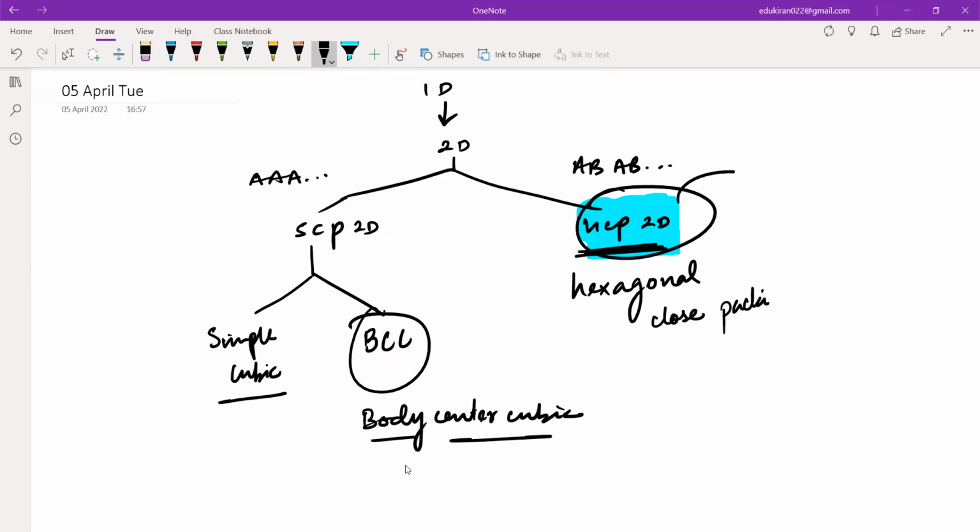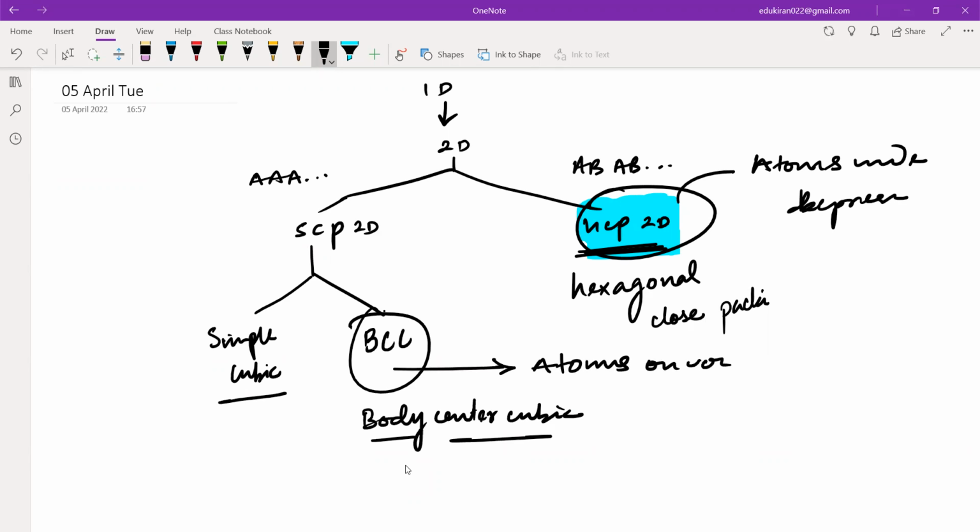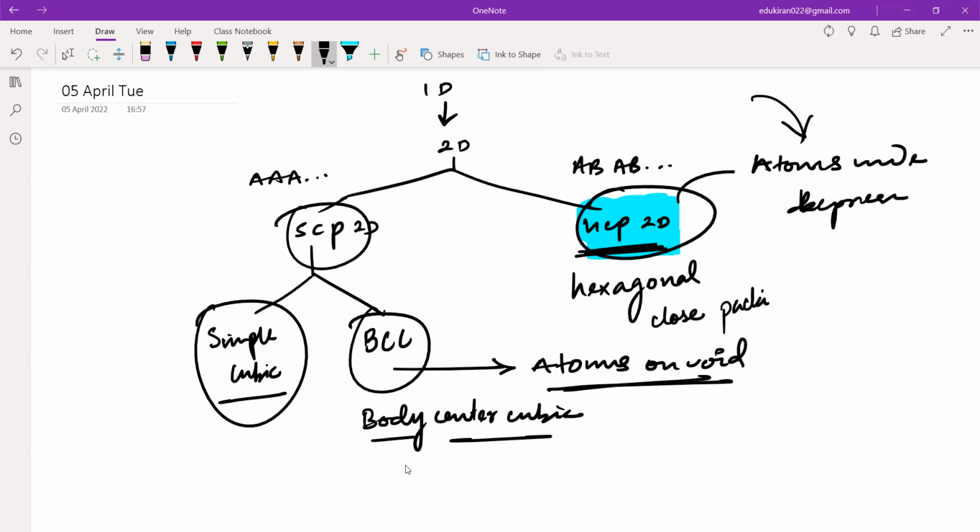In HCP also we put atoms under depression, and to make the BCC structure we put atoms on void. Is that correct? Yes or no? In ABAB we put in depression, and in BCC we put atoms on void. And in both the cases where the packing efficiency is low, that is square close packing and simple cubic, in both of these cases we put atoms on atoms.